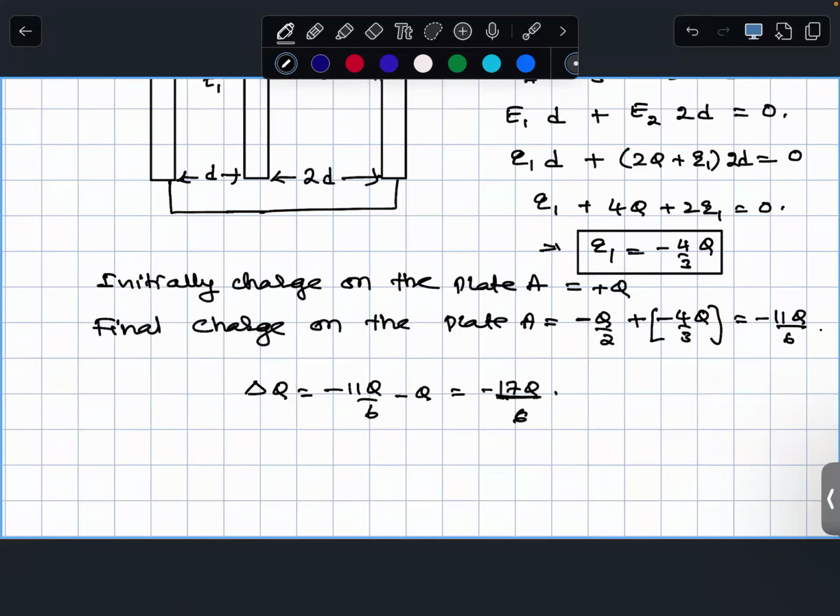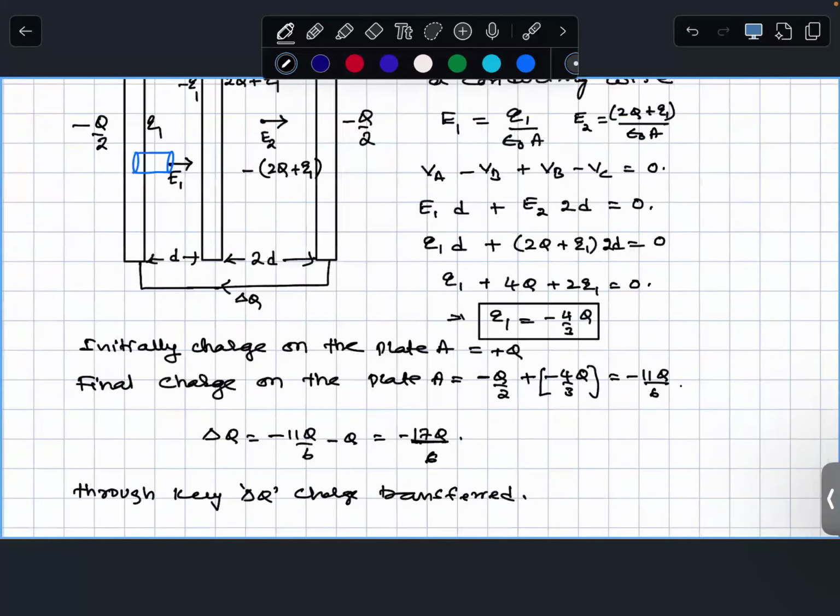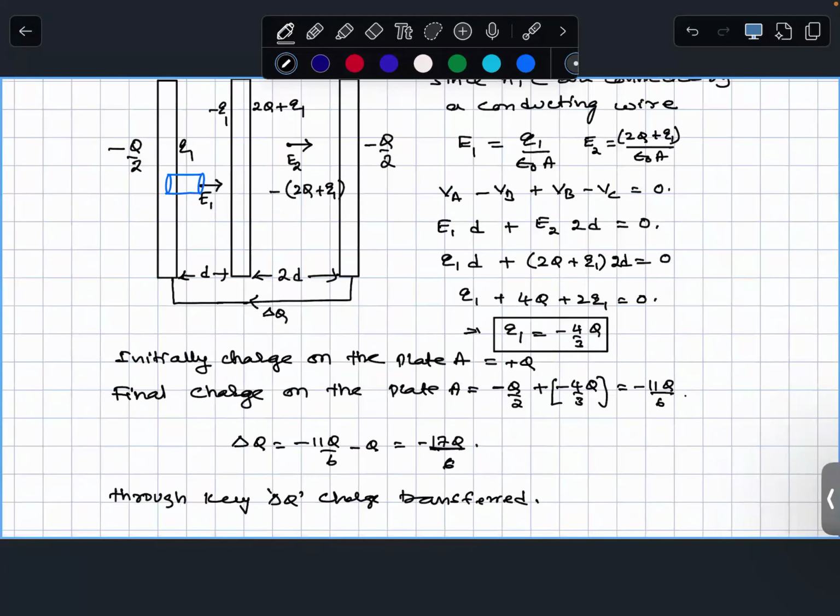Now, what is happening over here? So, through the key, delta Q charge transferred. Any doubts, boys and girls? Do you have any doubts? So this is the concept of electrostatics of parallel plates.